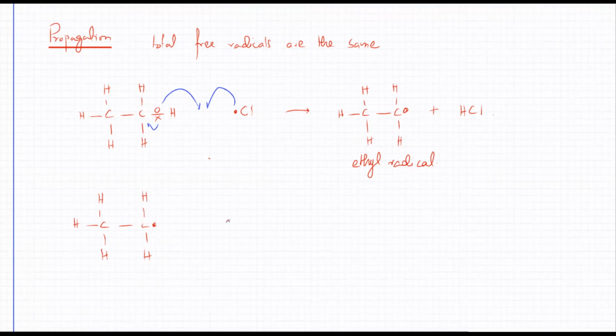So if it sees a Cl2 molecule, it's going to try and bond with that Cl. It's going to try and pull that electron away, bring that Cl close to it, and bond with it. The other electron goes back to this Cl.